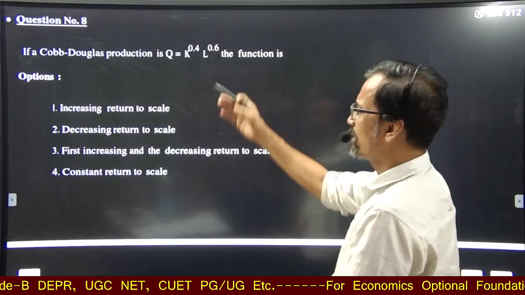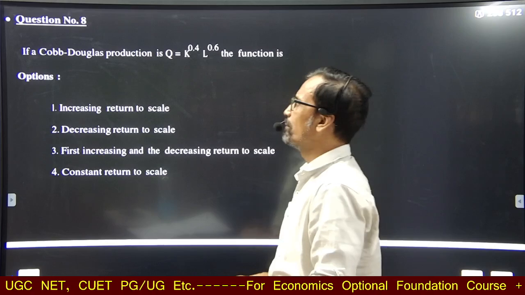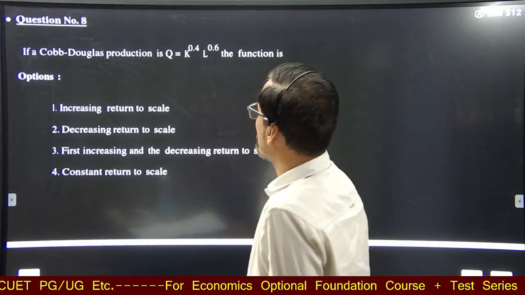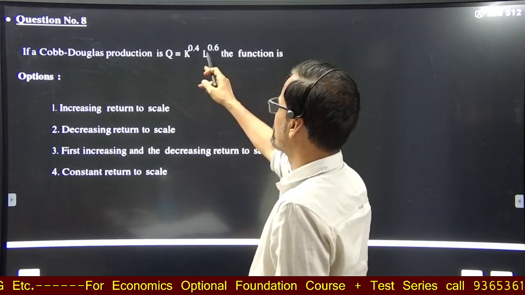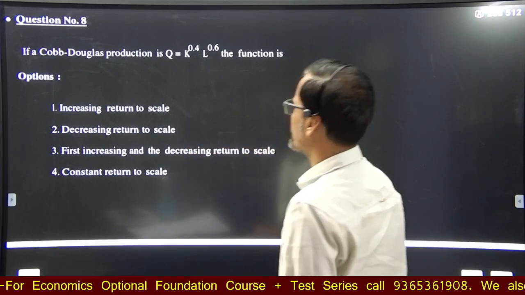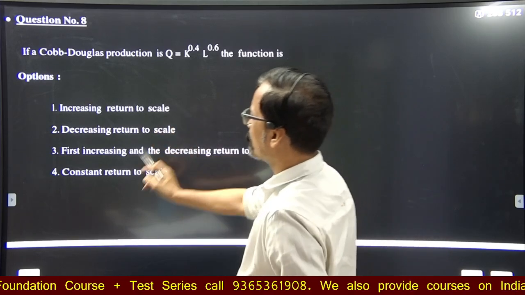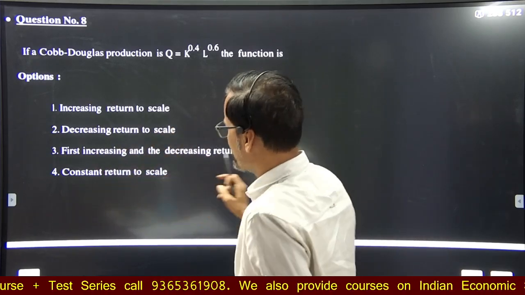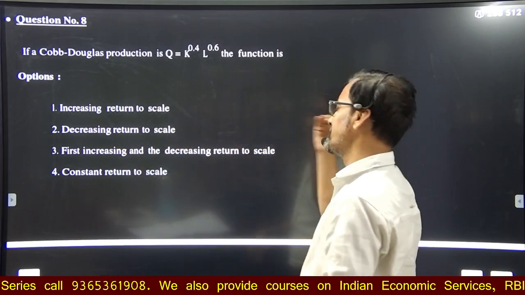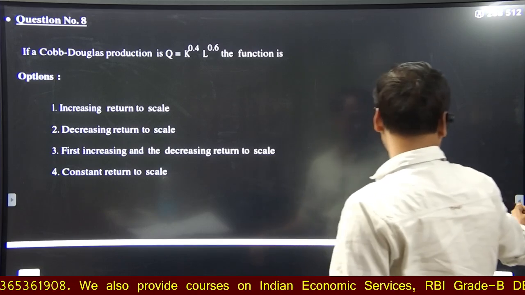Here one production function is given: a Cobb-Douglas production function Q equals K to the power 0.4 L to the power 0.6. The options: increasing return to scale, decreasing return to scale, first increasing and then decreasing return to scale, constant return to scale.